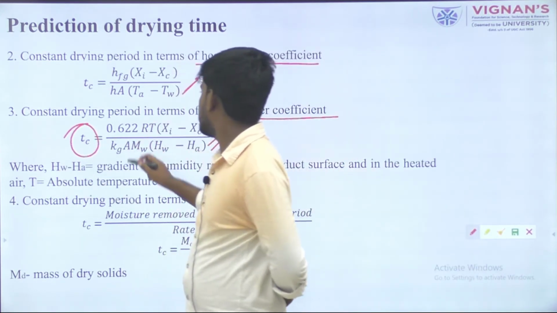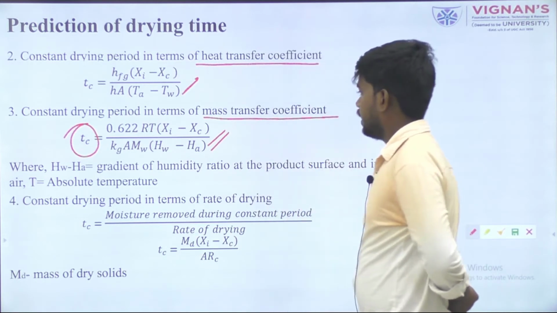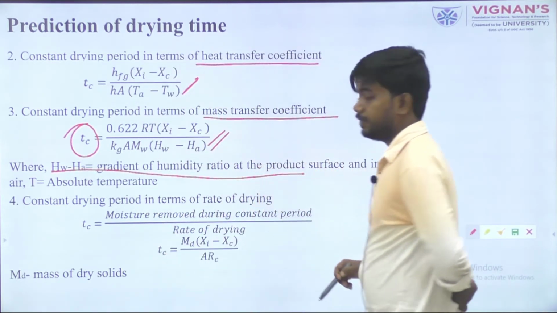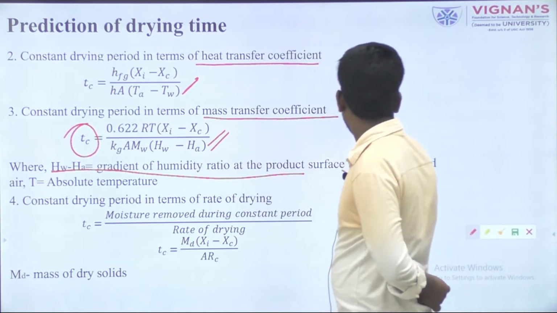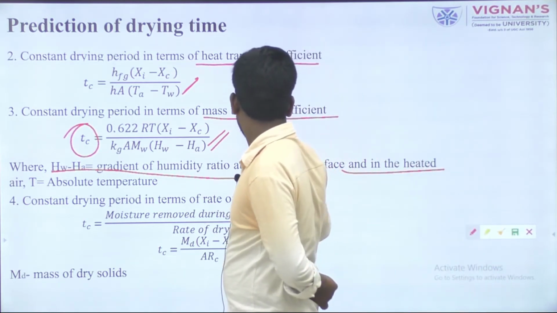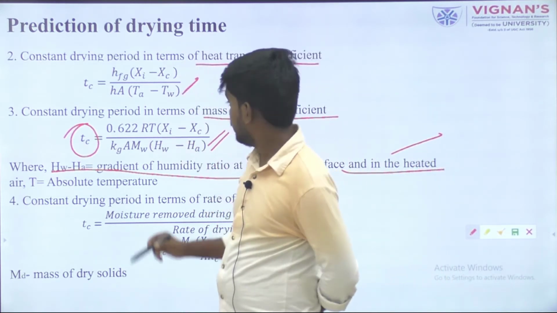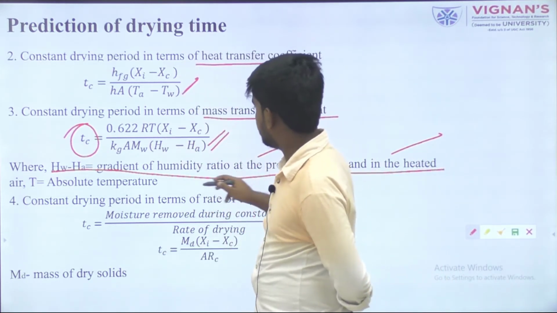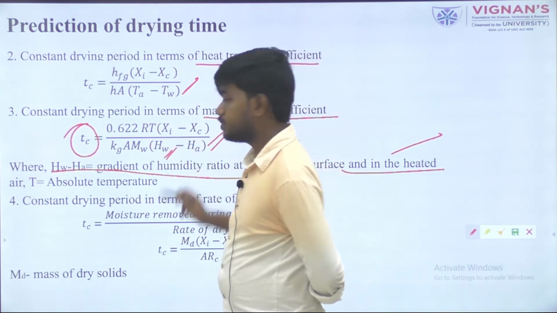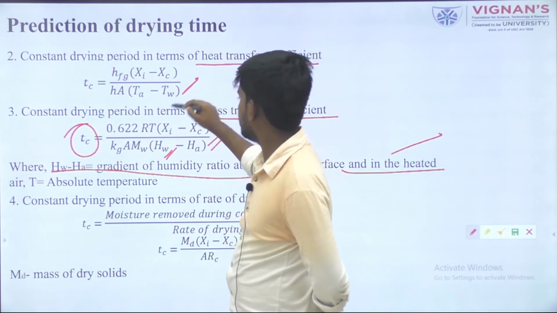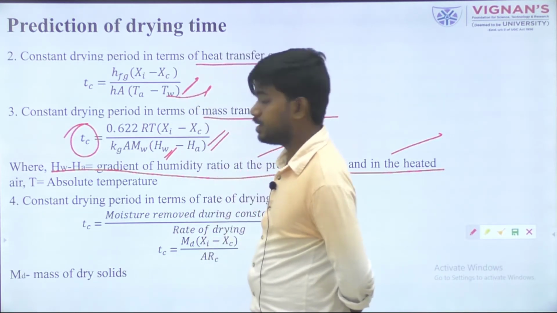Here Hw minus Ha is the humidity ratio difference between these two, meaning the humidity at the product surface temperature and in the heated air. When calculating with the mass transfer coefficient, we put in the humidity value, and in terms of the heat transfer coefficient we put in the temperature value.